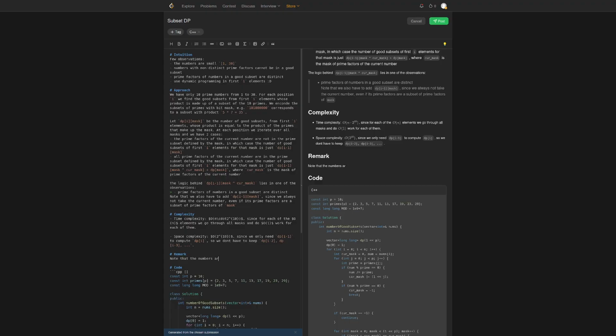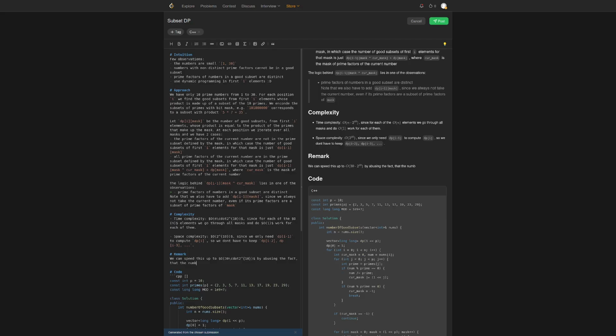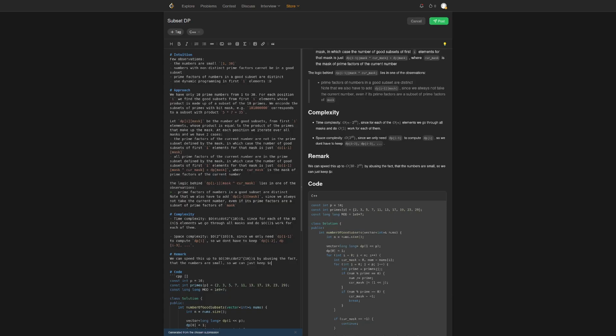Numbers are small, so we can speed this up to O of 30 times 2 to the 10 by abusing the fact that the numbers are small, so we can just keep counts.